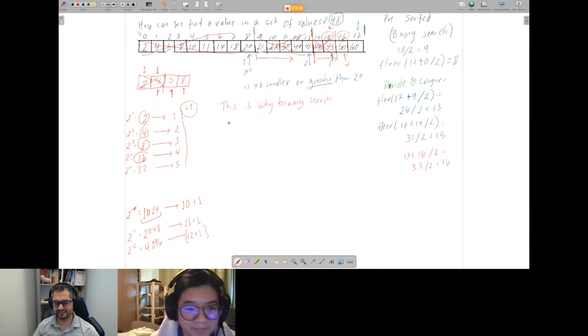And what is log of n? What is the logarithm? That's a good question, right? What is a logarithm? Does anybody have an answer for that?